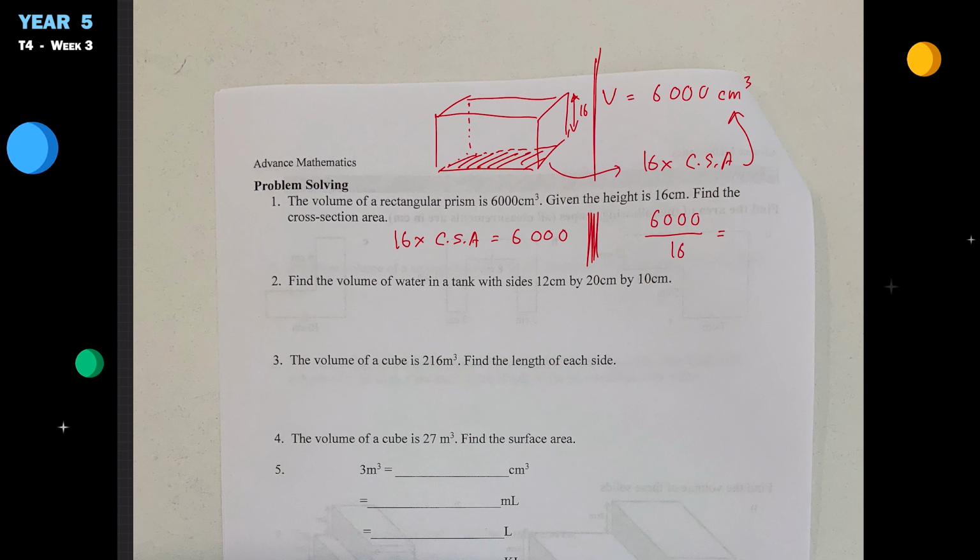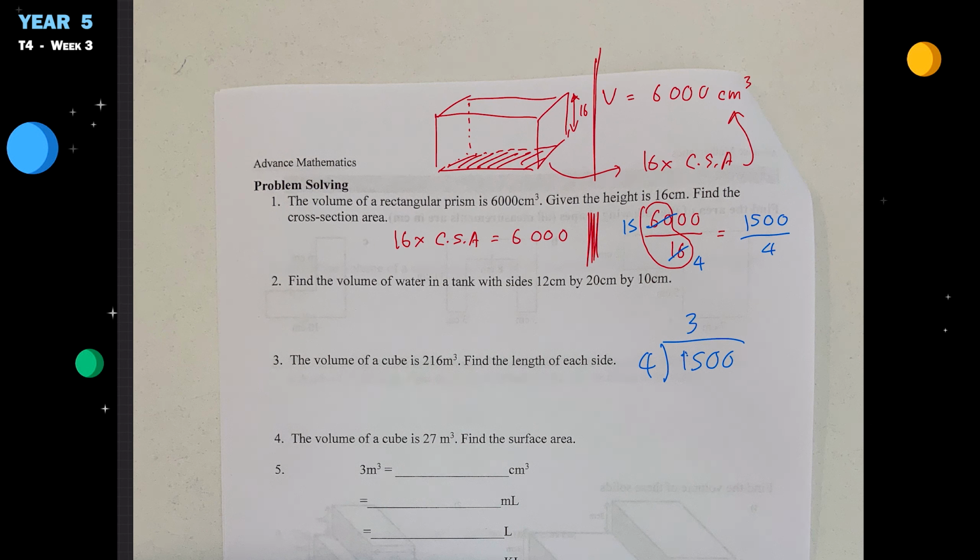So let's simplify this. Let's look at 16 and 60. I can simplify that as 4, and this one can be 15. So it'll be 1500 divided by 4. Okay, let's actually work it out. How many 4s in 15?